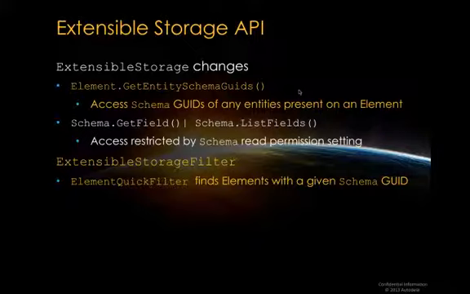Previously, the only way to find such elements was to iterate over every single element in the document and check each one individually whether it had schema data attached to it. We've also modified the schema get field and list fields methods to respect the access restrictions set up by the permissions.